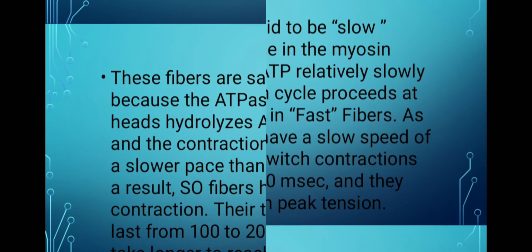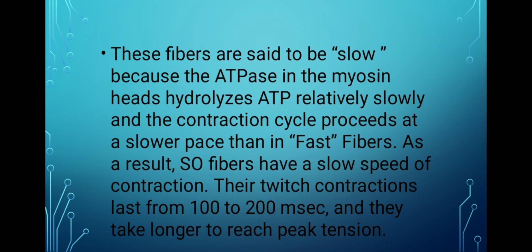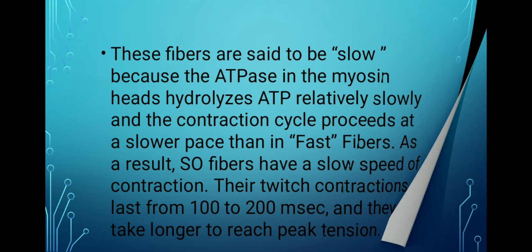Cells break down food in the mitochondria in a long, multi-step process that produces ATP. These fibers are said to be slow because the ATPase in the myosin heads hydrolyzes ATP relatively slowly and the contraction cycle proceeds at a slower pace than in fast fibers. As a result, SO fibers have a slow speed of contraction. Their twitch contractions last from 100 to 200 milliseconds and they take longer to reach peak tension.